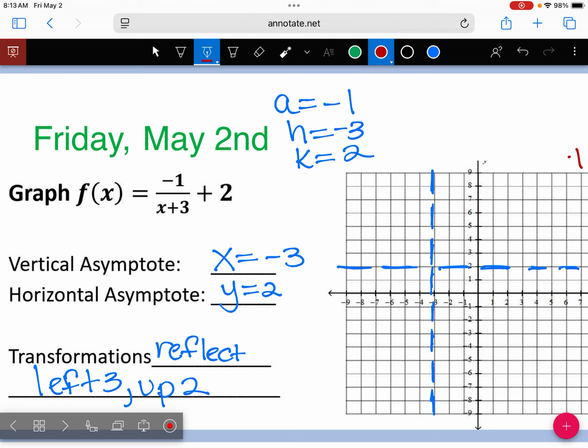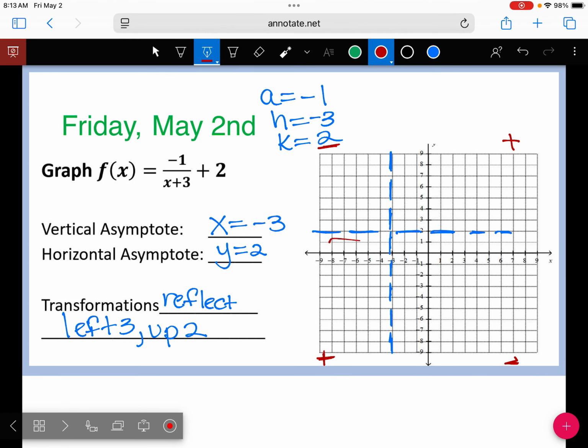So remember, we have plus, minus, plus, minus. So A is negative, so I'm going to color in these parts.